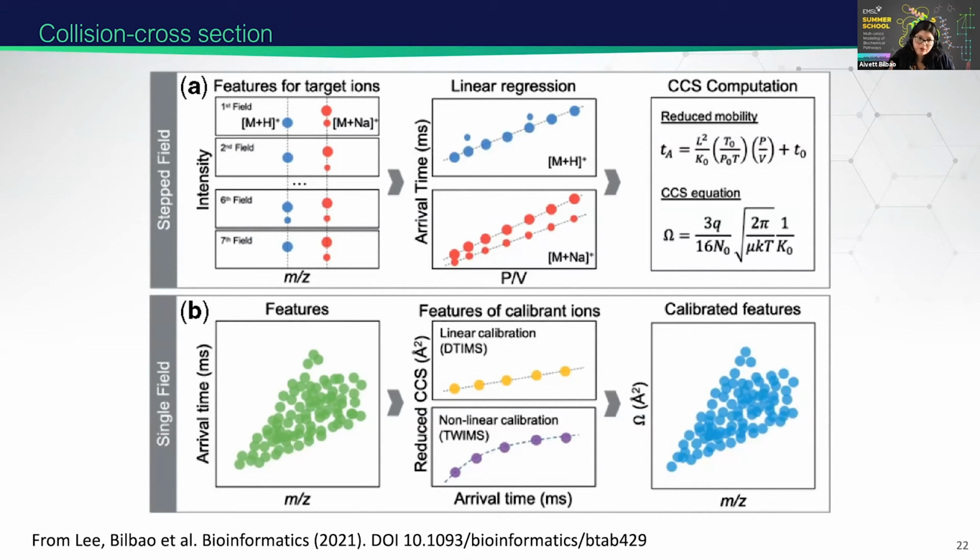Other methods, especially used in traveling wave ion mobility, or what we call single field ion mobility in the drift tube instrument, basically require calibrants. Ions with known collision cross-section values are measured under the same conditions, and we use these to calibrate all the rest of the ions, the features detected within the data.